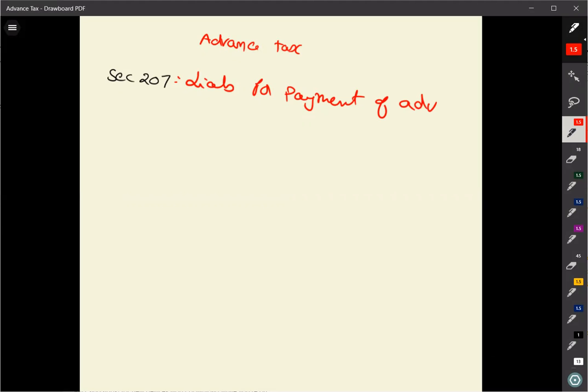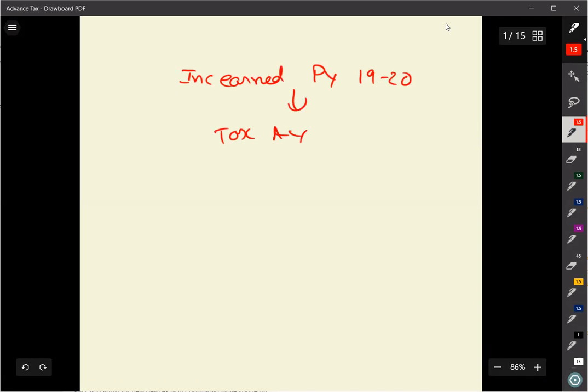So before getting into this provision, let us first try to know the meaning of advance tax. The fundamental principle of the Income Tax Act says that whatever income you earn in your previous year 19-20, you are supposed to pay tax in the assessment year 2021.